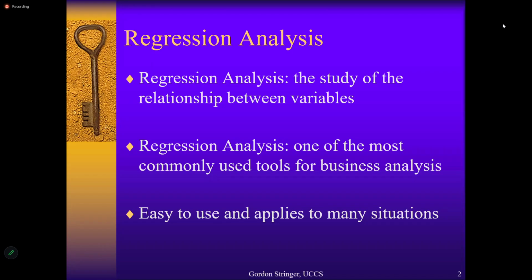Okay? So when we say simple linear regression analysis, it's one variable affecting the other variable, and the other one is multiple linear regression analysis. That means two or more variables being sought to establish linearity of relationship to a dependent variable.